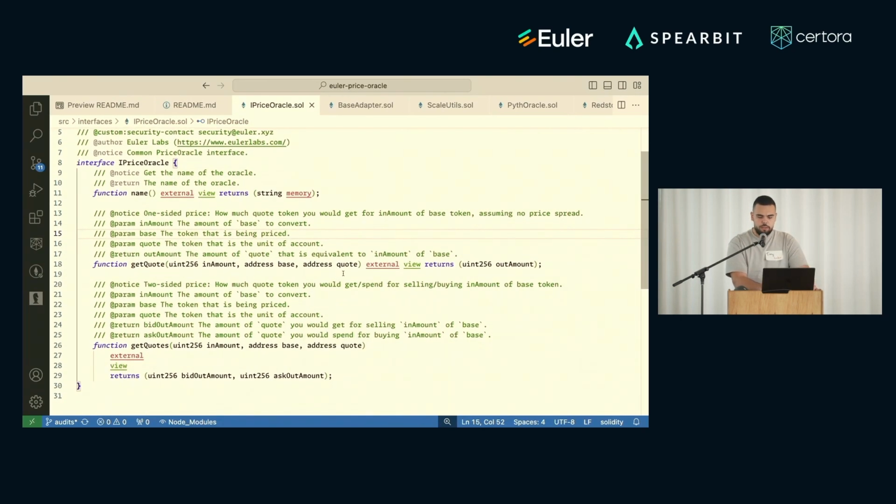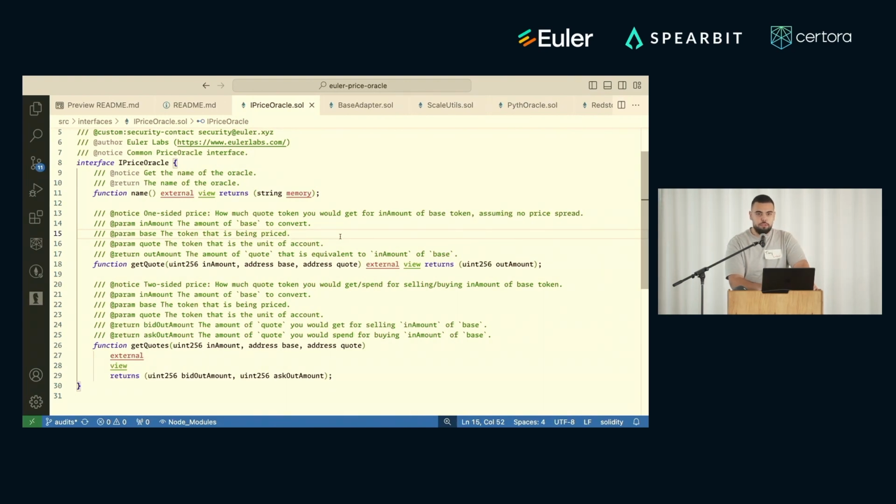And so it's a sort of a departure from how oracles usually work. If you're familiar with Chainlink, for example, it is going to give you what we call a unit price. So it's only going to report, let's say, the price of 1 ETH in terms of US dollars.